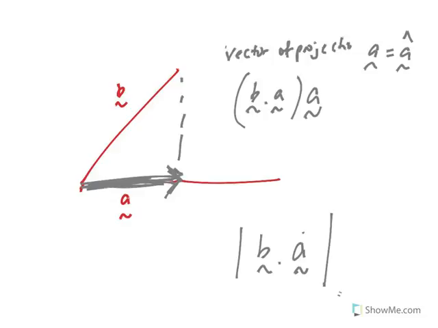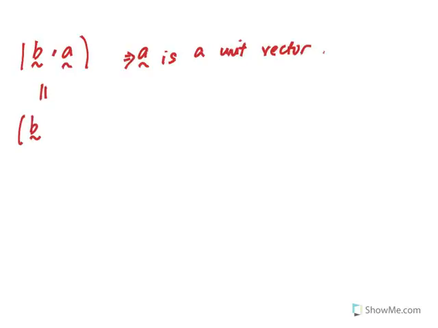So in the exam paper, listen, very quickly, you know B dot A, right? This means that this is also equal to B dot A hat.